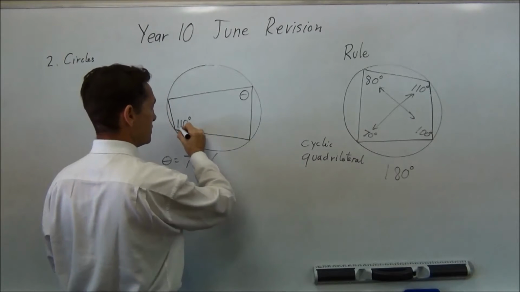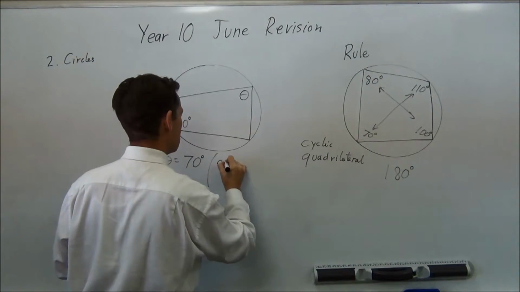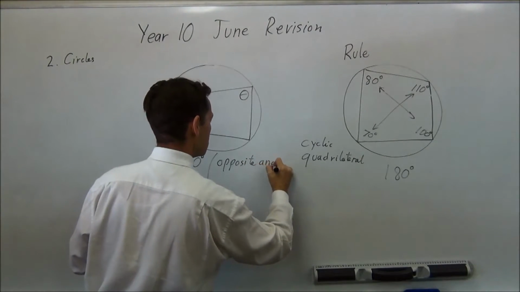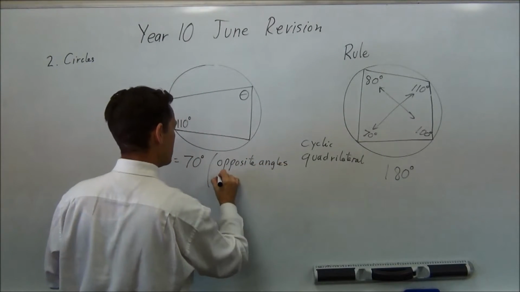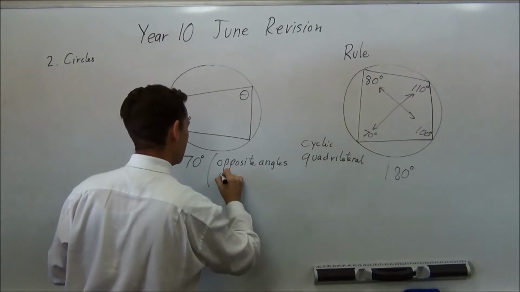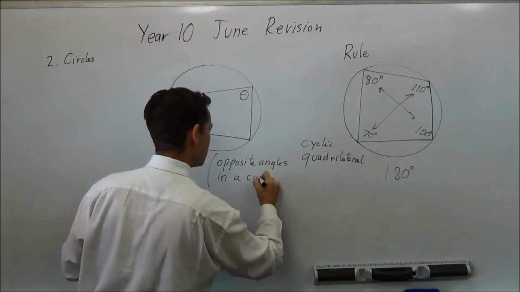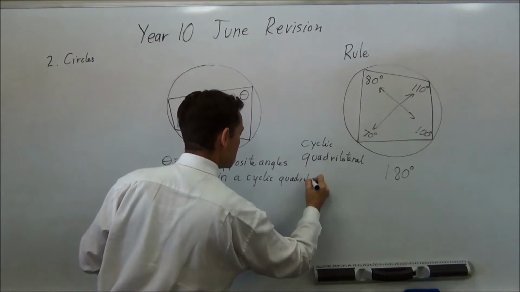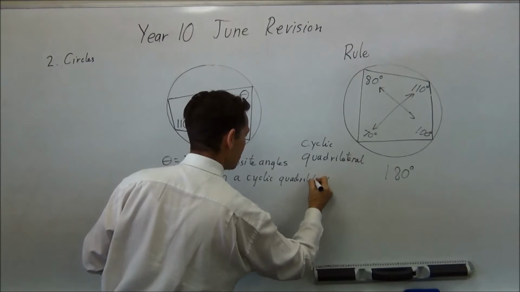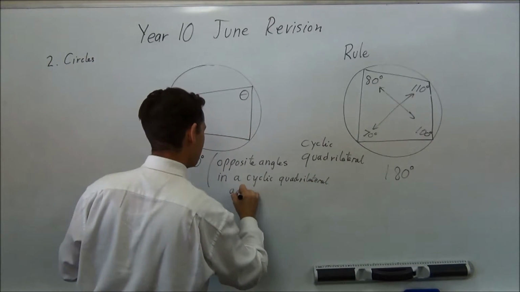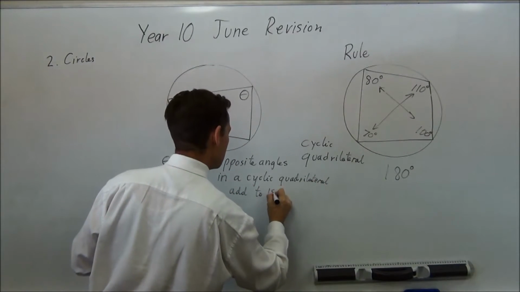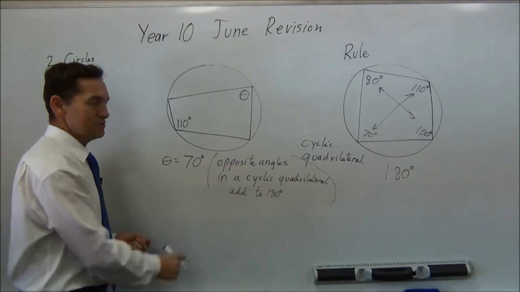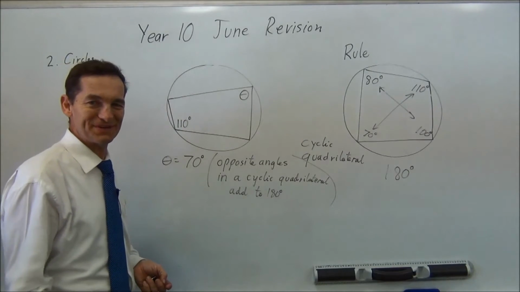The reason is opposite angles in a cyclic quadrilateral add to 180 degrees, and put a bracket around that. I know it's a long word. And that's your reason. A bit longer, but you're done.